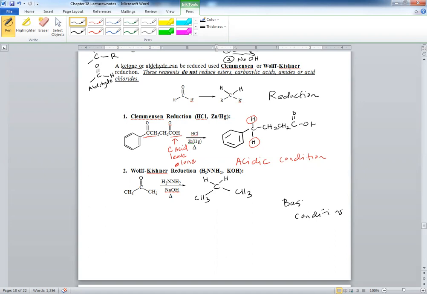And the reason why we have two ways is because you might have what we call acid sensitive or base sensitive groups elsewhere in the molecule. So they might be affected. Sorry, let me just rewrite this.